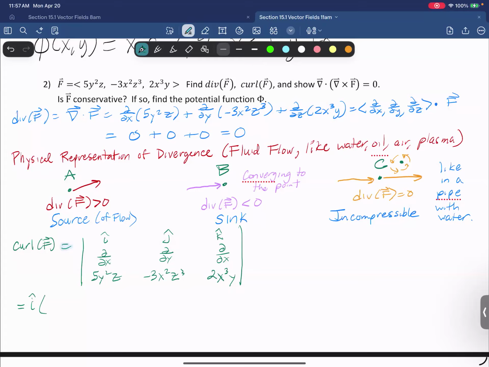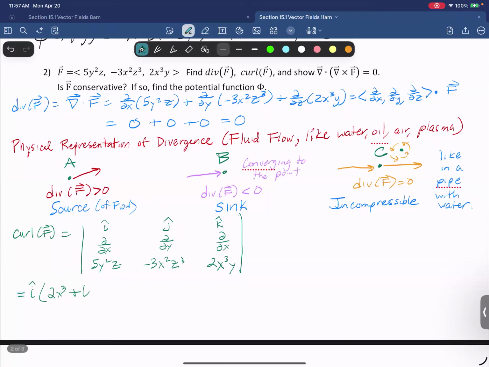I'm going to do ddy of 2x cubed y, which gives me 2x cubed. Minus ddx of negative, minus a negative will give me a plus 6xz cubed. Nope, that should be a z. Either way, it's still a positive. 9x squared z squared.